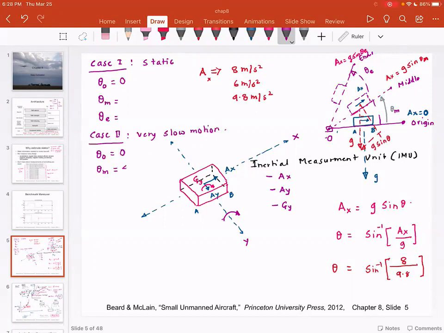Just to give you an idea, I will say 45 degrees. And if I have the time values, say t0 is equal to 0 seconds, tm is equal to 10 seconds, I can approximately find out theta dot as 45 divided by 10 degrees per second. This is approximate.